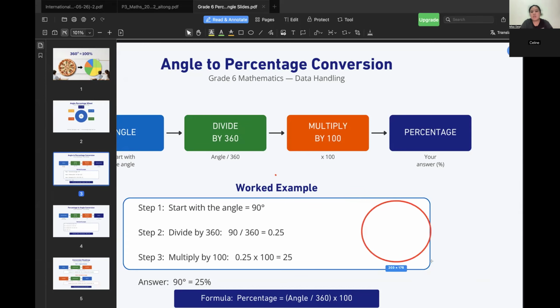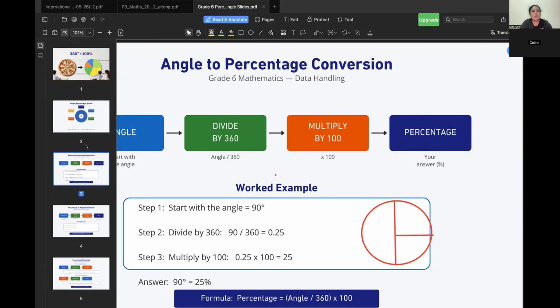Let's say this is the circle, and like Miss Dewi said before, this part is 180 degrees. And this part again is 90 degrees.